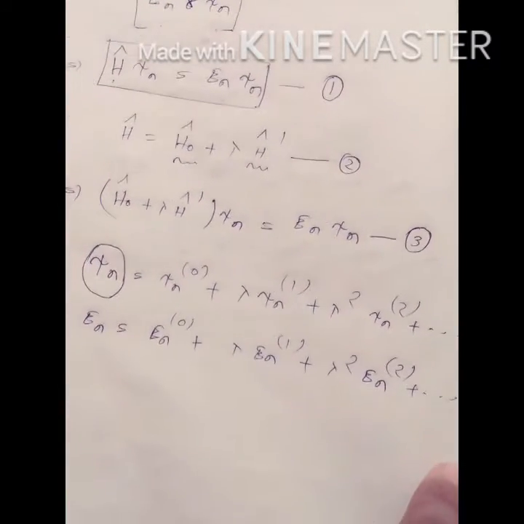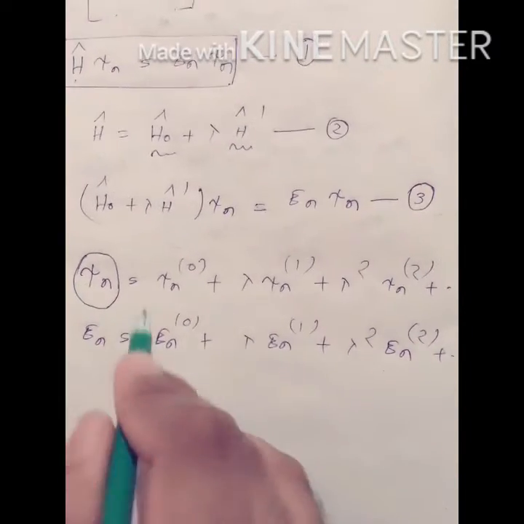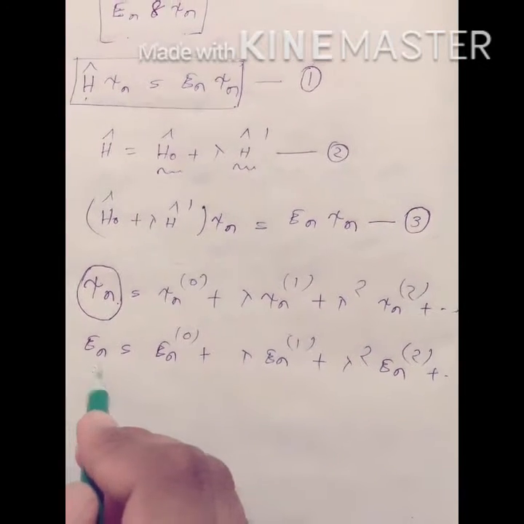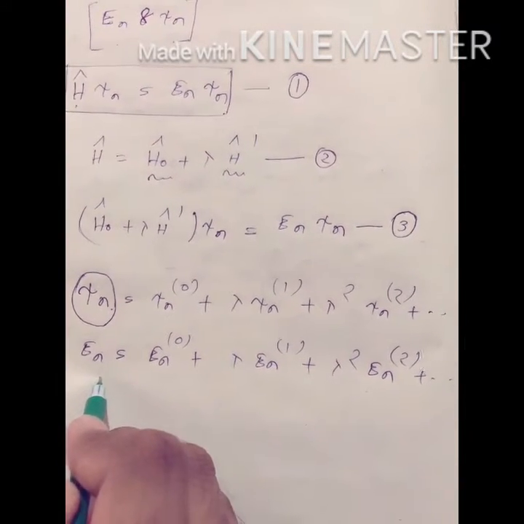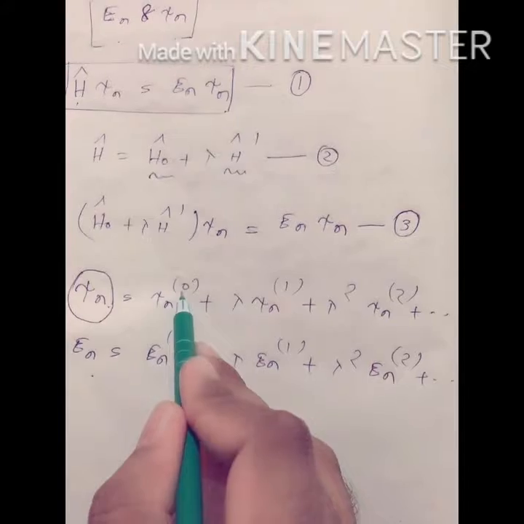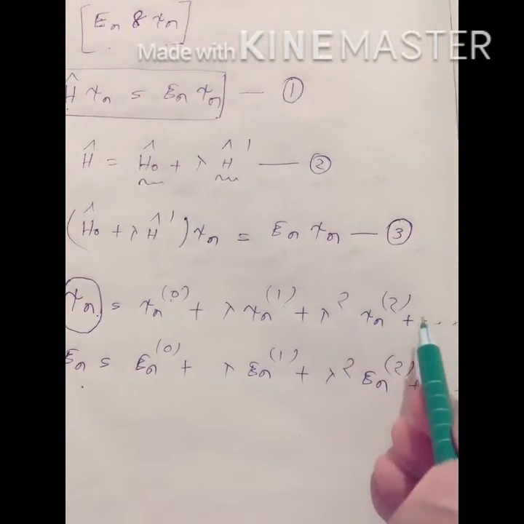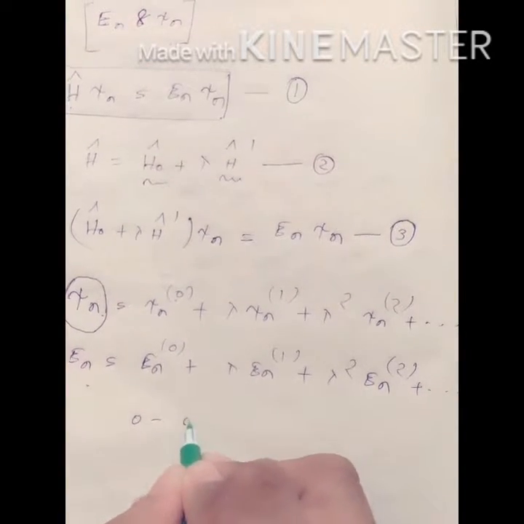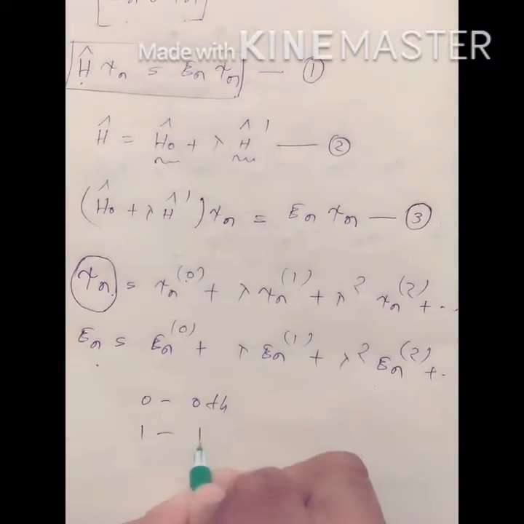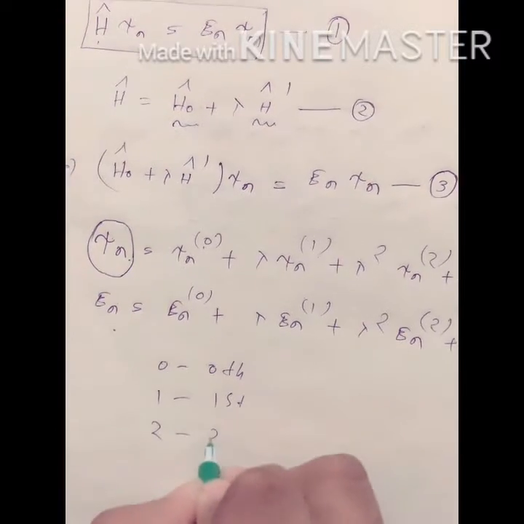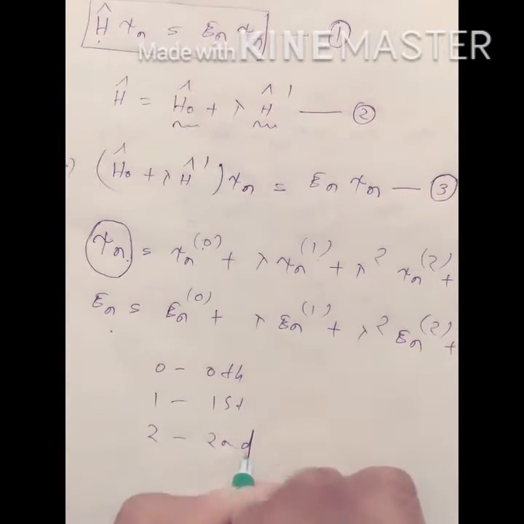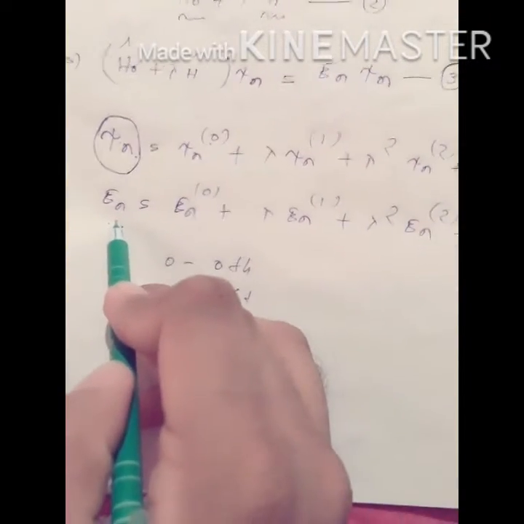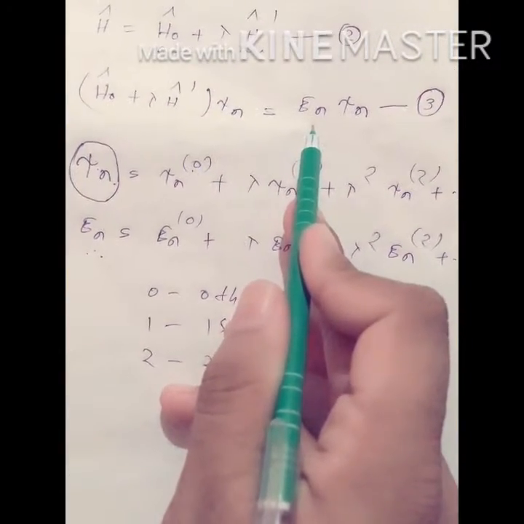So we can write both eigenfunction and eigenvalue as power series. The superscripts 0, 1, 2 are the orders: 0 is the zeroth order, 1 is the first order, 2 is the second order.